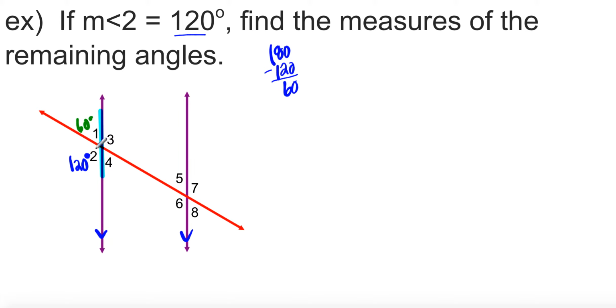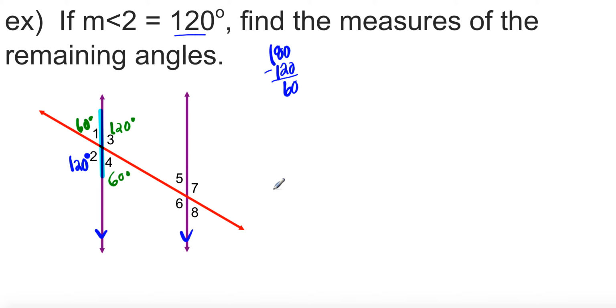Now we can also use the idea that 2 and 3 are vertical, and vertical angles are congruent, so angle 3 is 120 degrees. Well, 1 and 3 are also supplementary, so I feel pretty confident about our answer for angle 1, and 1 and 4 are vertical, so we can say that that's 60 degrees. All right, now we also know about same side interior, or we know about alternate interior.